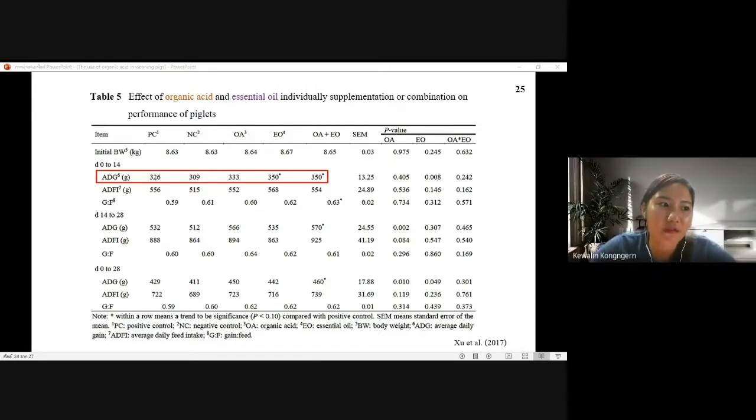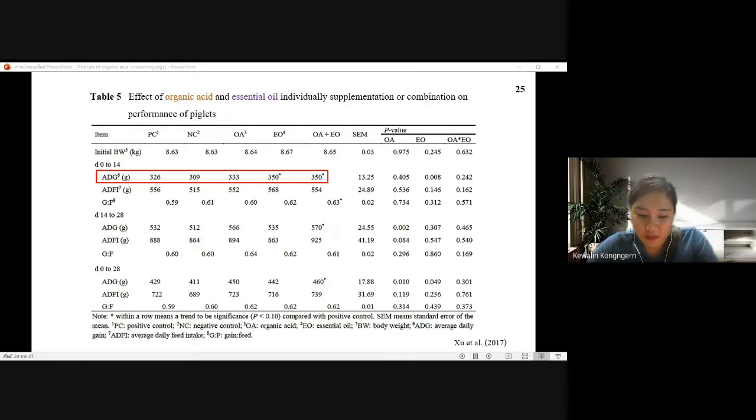Because the efficiency of each organic acid gives a different result. It's like the concentration: if we use a different concentration, it gives a different result too.